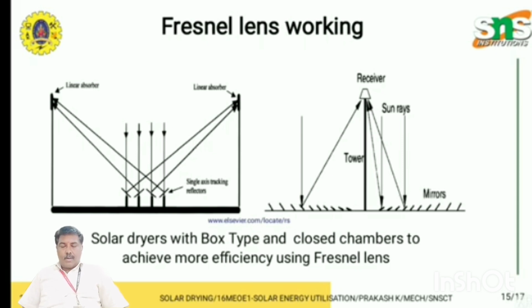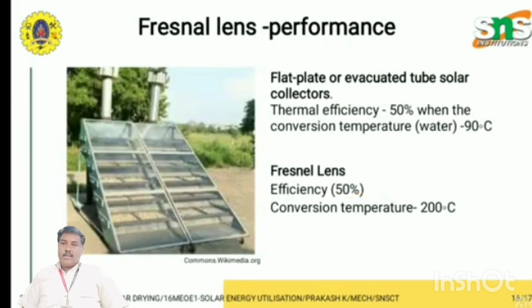All the solar radiation falling is reflected back to that particular solar dryer, so that the solar drying or heating of the air or the food materials is made quicker. This process is achieved, so the efficiency is increased. So let us discuss the final conclusion, how the performance has been increased with the help of the Fresnel lens.